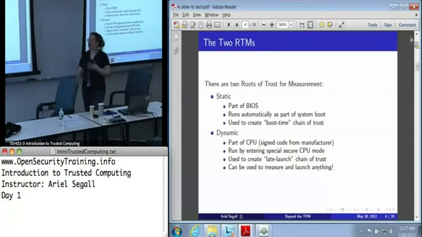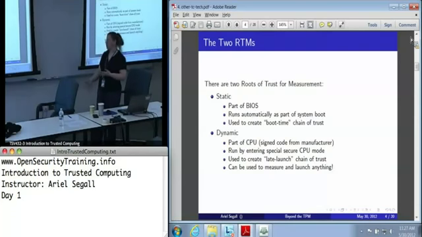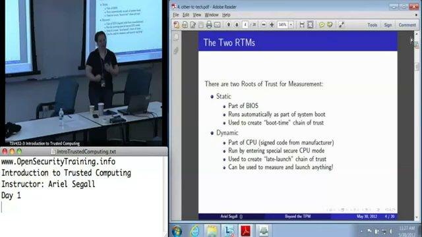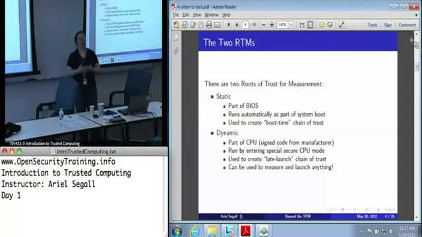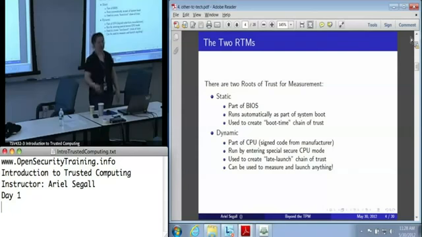There's also a dynamic root of trust for measurement. This is part of the CPU. This is that TXT or SVM thing. The dynamic root of trust for measurement itself is a piece of code signed by the manufacturer. It is not run by default. You have to enter it deliberately. I run a command that's called senter in the Intel world. I'll be honest, I don't know what it's called in the AMD world.